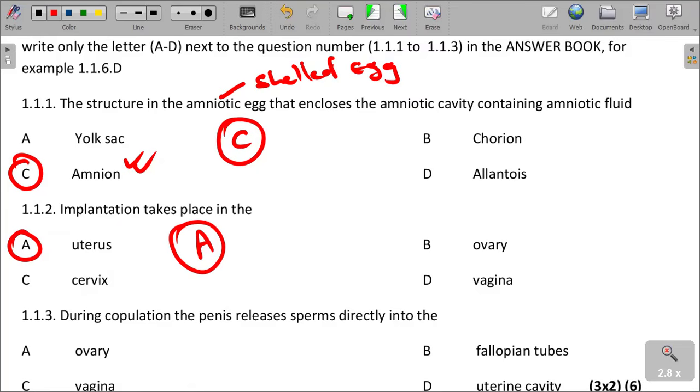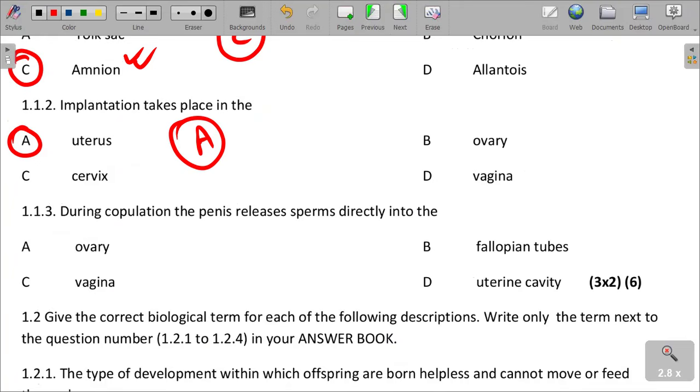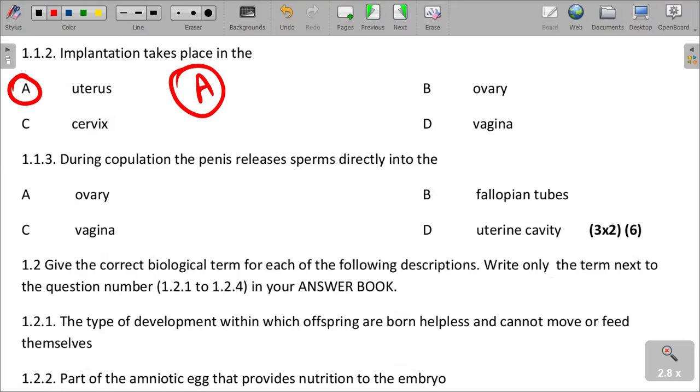Every other part: the vagina is the birth canal. It is also for excretion. It is also for copulation. The cervix is actually for the birth process, which enables expansion and contraction during labor pains. The ovary, obviously, is the one that releases the eggs. So implantation occurs in the uterus, where we talk about the endometrium lining.